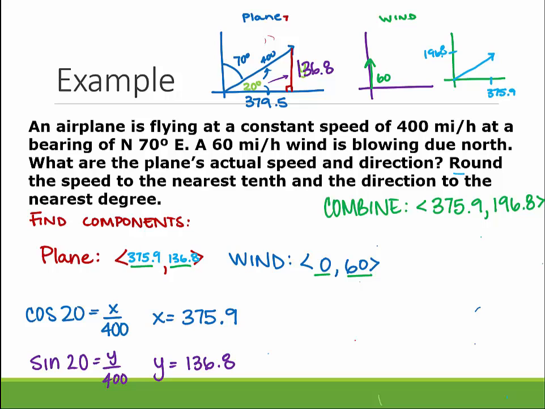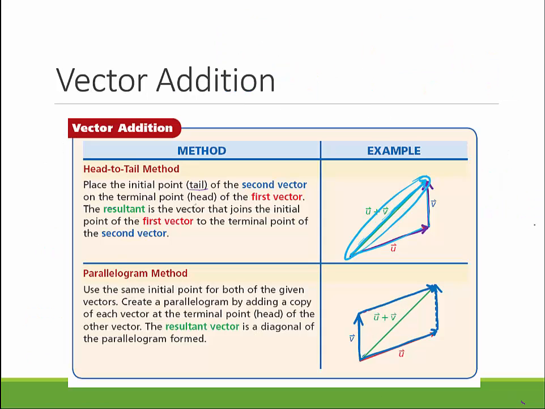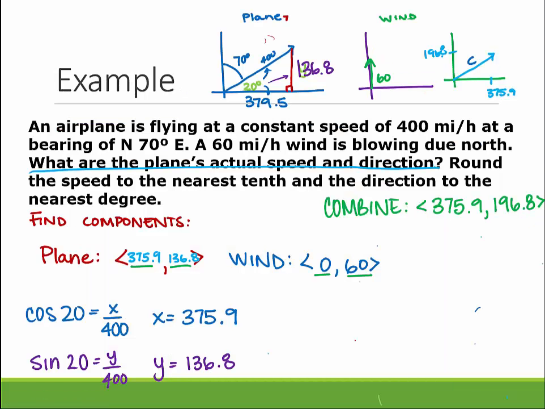But now I'm asked to find what the plane's actual speed and direction are. So I need to figure out this guy. I know what these two lengths are because those are my components. So in order to find c squared, I'm going to take these two things, square them, and then add them together.